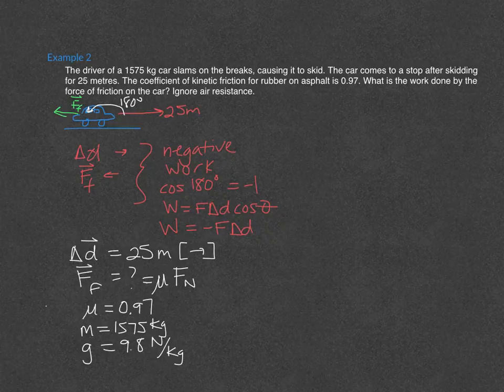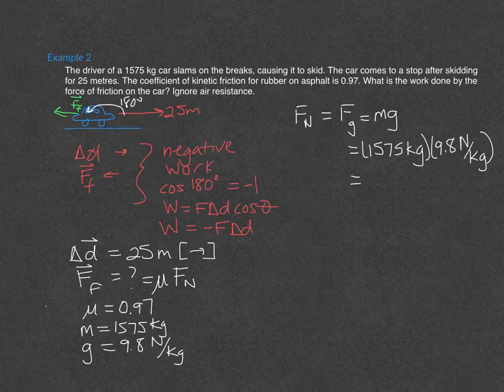So let's start off with finding the normal force, and that is equal to the force of gravity. So I know that the force of gravity is equal to mass times that gravitational field strength. So I'll sub that in and find out what my force of gravity is, and we'll say that's equal to my normal force, because whatever the car's being pulled down with, the ground is holding it up with the same force. So you can try that on your calculator.